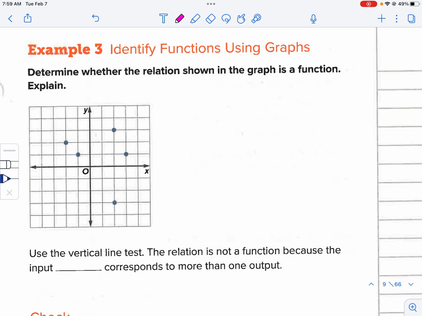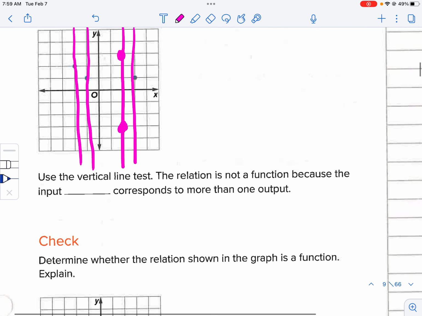So again, we're going to do the vertical line test. If I was to draw vertical lines, I know these are horrible vertical lines, would I hit this anywhere in more than one spot? Yeah, right here and right here, I hit it in more than one spot.